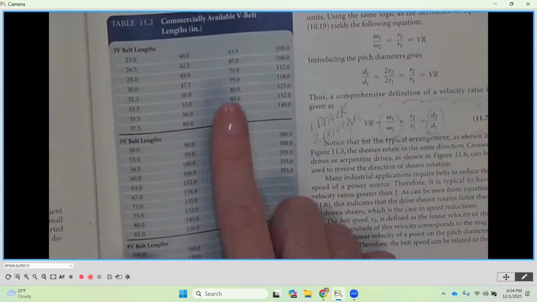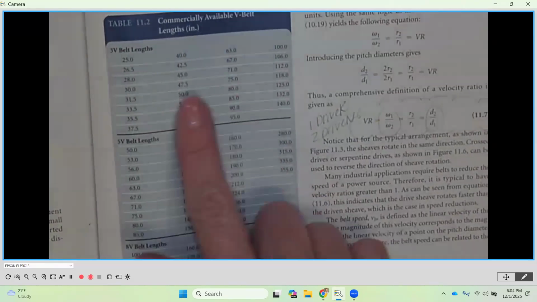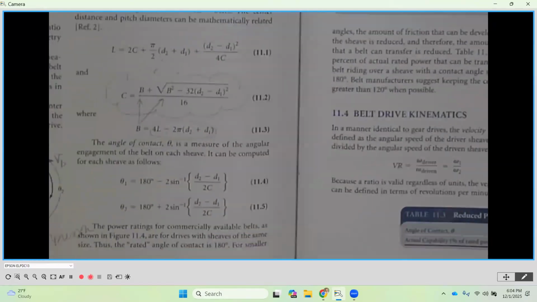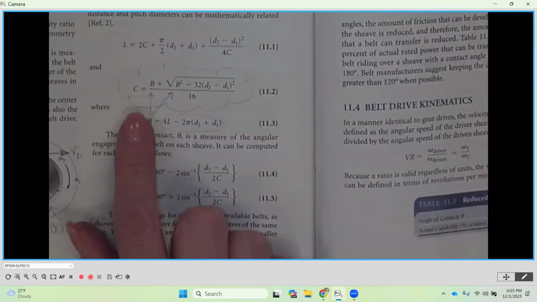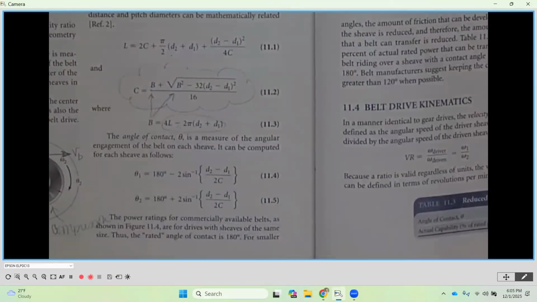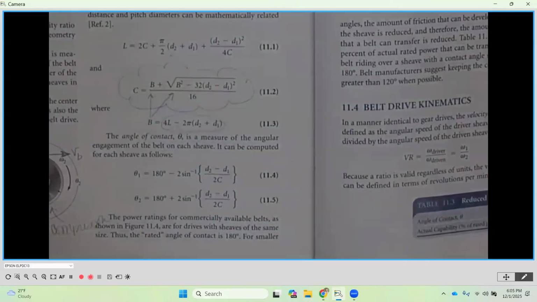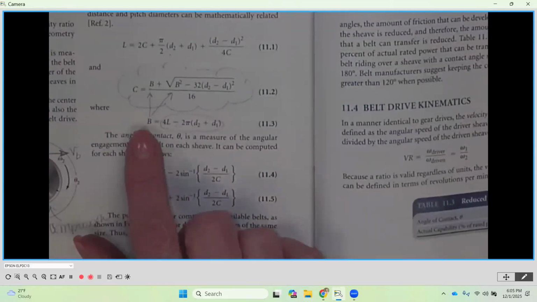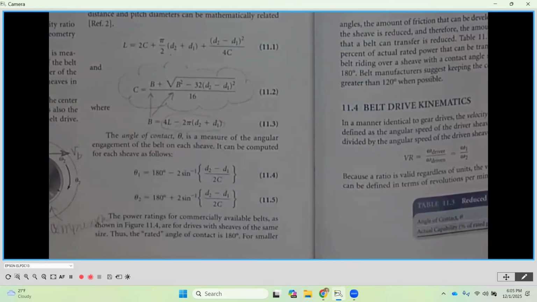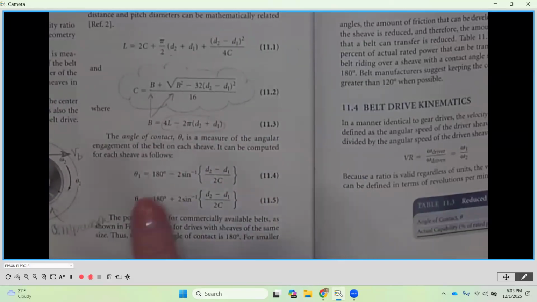Then once you pick a standard size belt from this chart, you're going to go back and determine the actual center distance, because now this is the center distance based on an actual length of a belt that you are going to be designing into your application. So that center distance has a two-phase approach to make it easier to calculate.